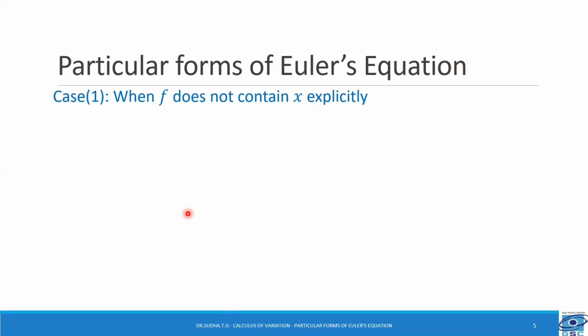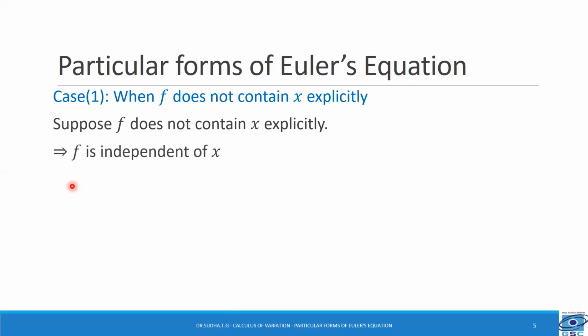The first one is when f does not contain x explicitly. F is independent of x. When it does not contain x, ∂f/∂x, the derivative of f with respect to x, becomes 0.